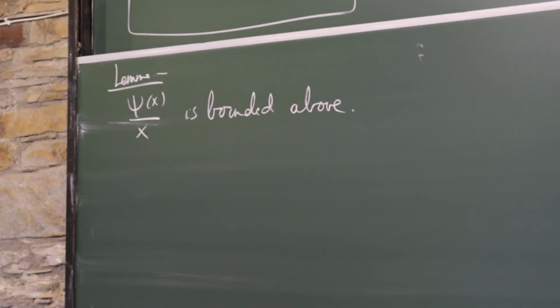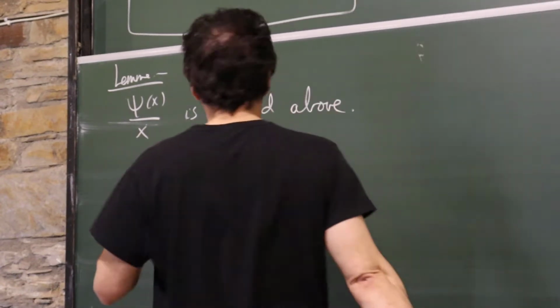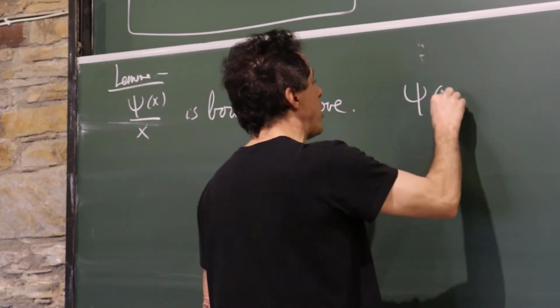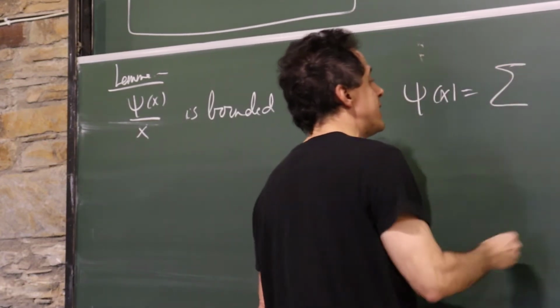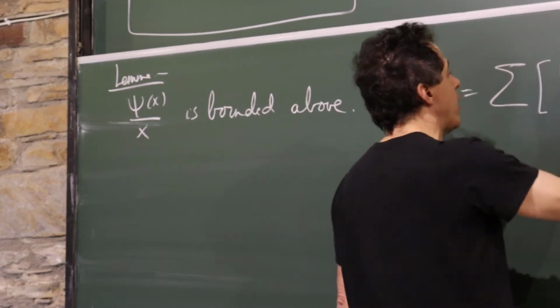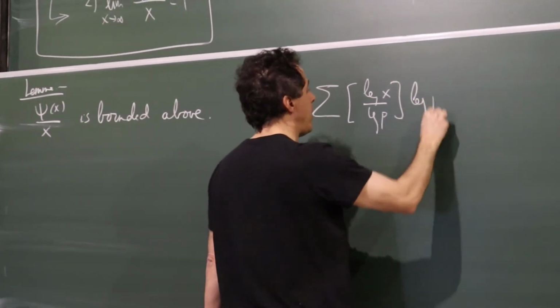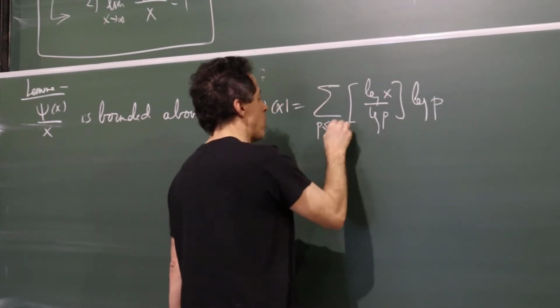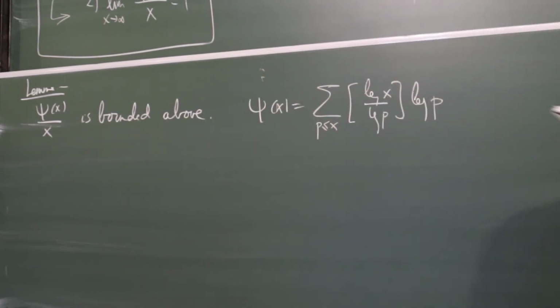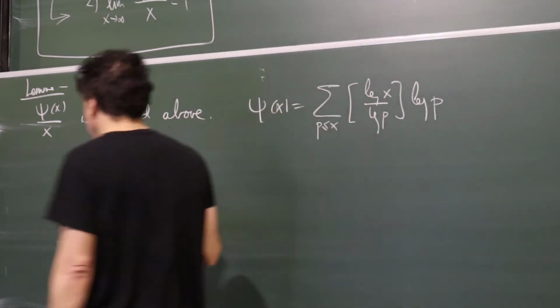Okay, so again, it's a little bit tricky. So remember that psi of x can be written as the sum of the integral parts of log x over log p times log p, where p is smaller or equal than x. And let us observe the following fact.